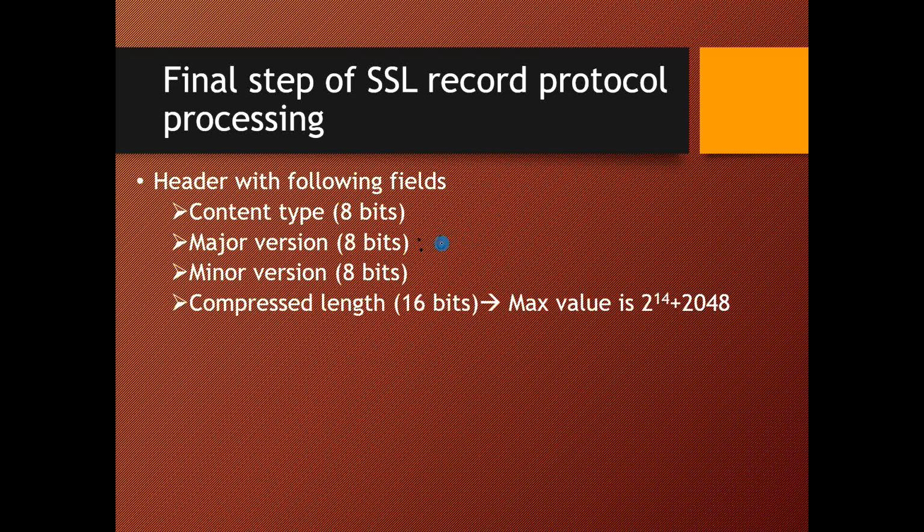For example, if it is SSL version 3, then the value of this major version will be equal to 3. Then you have the minor version. Again, this is of 8 bits. This will indicate the minor version in use. Now if I am going to use SSL version 3, the minor version will be of value 0.